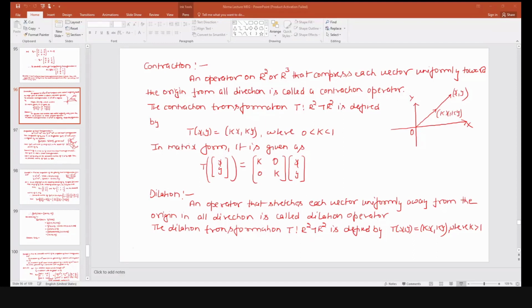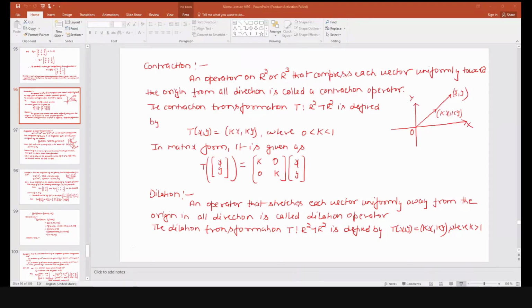When you multiply this vector with some scalar k, the new vector becomes kx and ky. If k lies between 0 and 1, it will compress your original vector. If k is 1 by 2, both the x and y components move toward the origin. As a result, the distance of this vector from the origin will reduce.